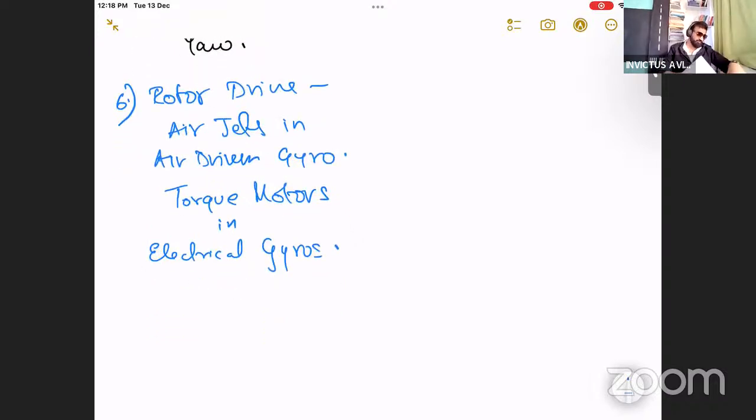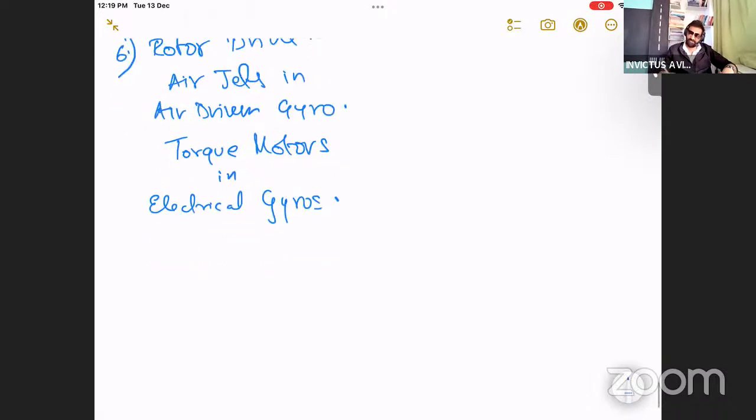And I think I should also give you a point about the errors, although I'm not going to discuss the errors now. Okay, just giving it to you in the list. Remember the errors, just the points. What are the errors that my DGI can face? Because it's giving me heading, it becomes one of my directional reference instruments, which is a very important thing. So it will have errors.